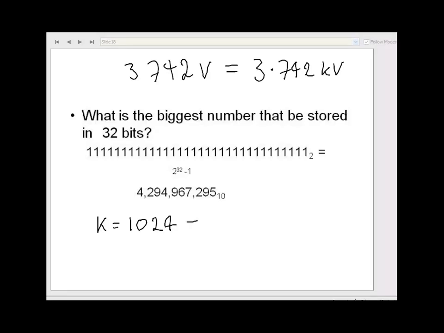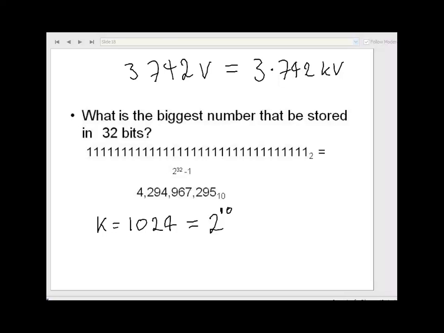And the reason why K equals 1024 is because that's 2 to the power of 10.